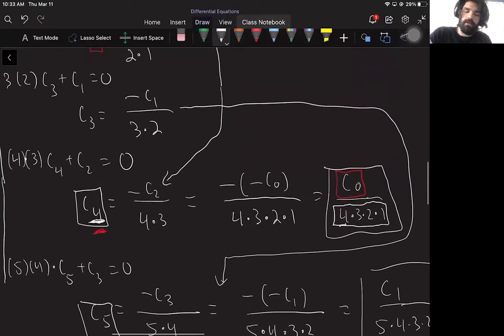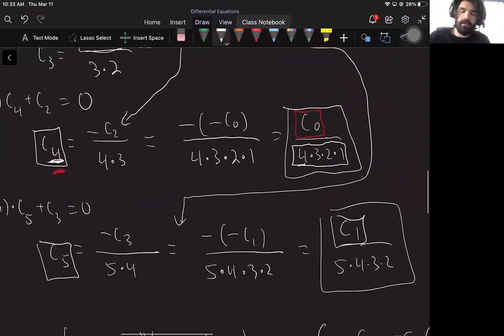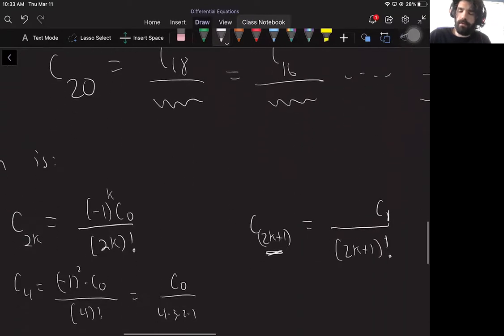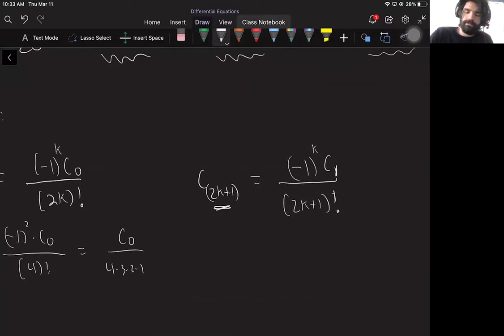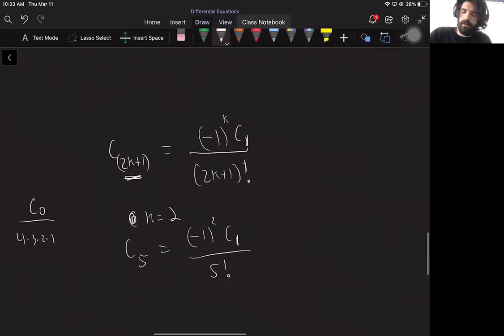C3 was negative C1, but C5 was positive C1. So I need a negative here. What power should I use? I'll use k and just check it, make sure that works. If I plug in k equals 2, I get C sub 5. And so the negatives cancel, which is good. And I get what I got earlier.